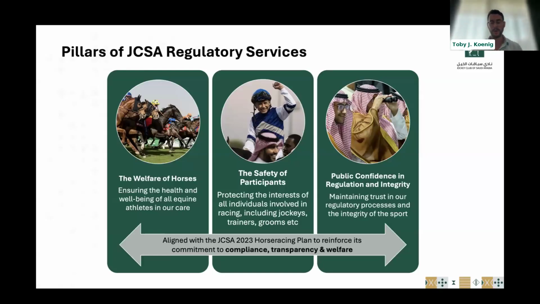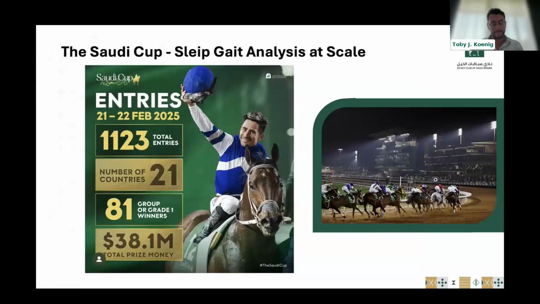We aim to ensure that when a horse races, it's suitable to do so and can do so at the best of its ability on any given day, because that's what supports safety, transparency, and the long-term sustainability of the industry. So all of that here in Saudi Arabia is aligned with our 2030 strategic plan and seeks to develop Saudi Arabia as a premier racing jurisdiction in an international and a domestic sense. There's a tremendous amount of growth here in Saudi Arabia.